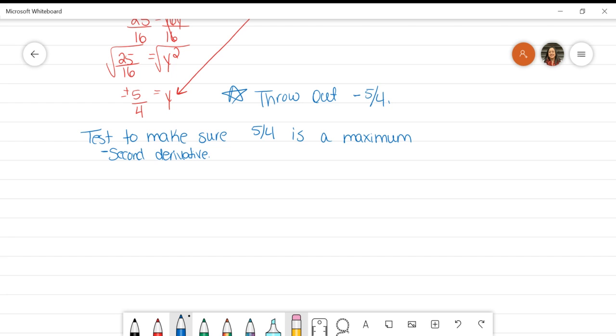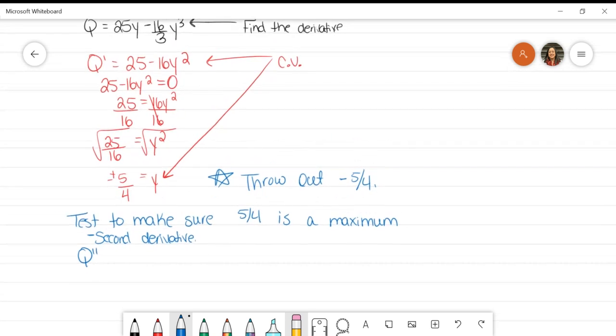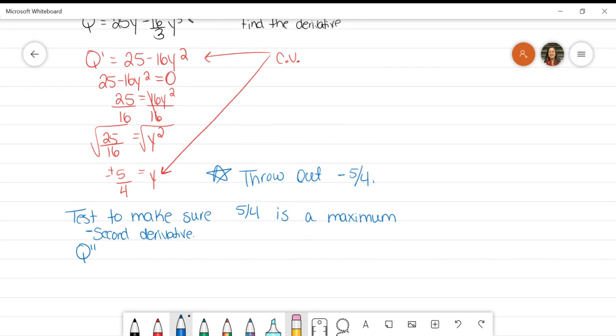Remember, your second derivative tells you if it's concave up, concave down, right? So let's find our second derivative. The second derivative of Q, if you look back, is going to be negative 32y. Now, if I take my positive 5/4 and plug in, then that's going to give me negative 32 times positive 5/4.